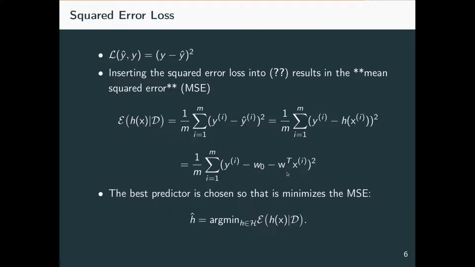This is equivalent since the Y and X are constants, they are data, we cannot change them, and the W's are the weights which need to be modified so they fit the data in the best way possible.